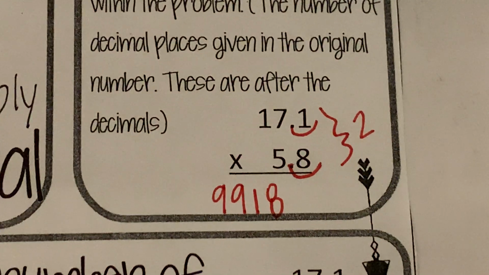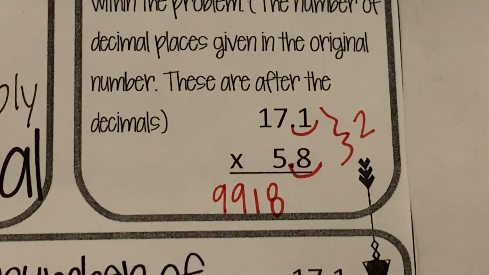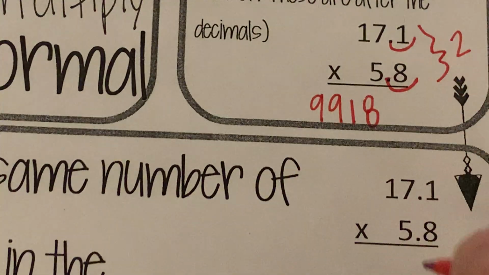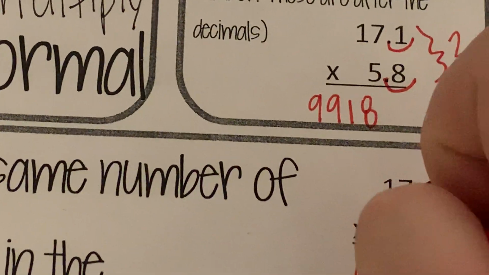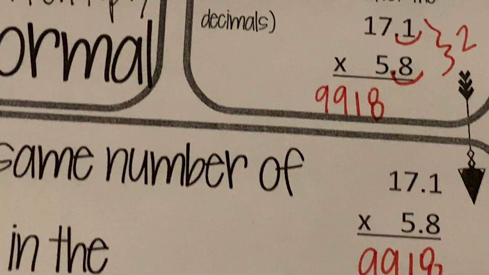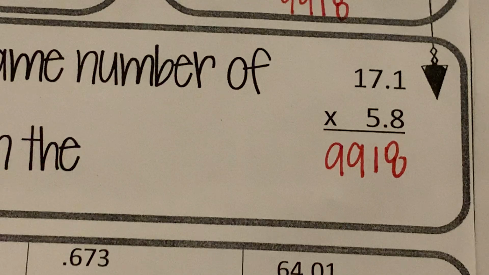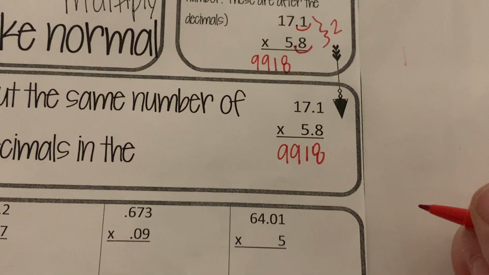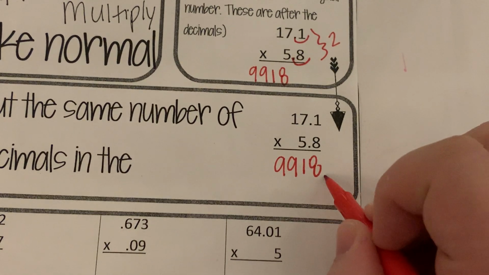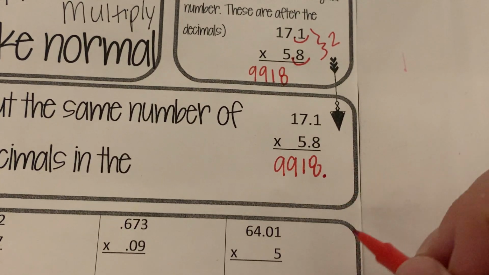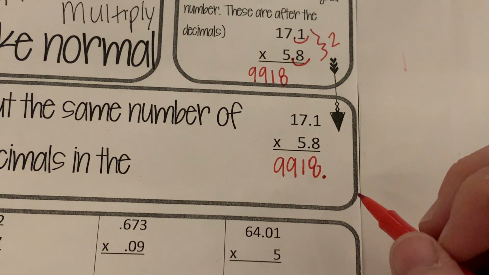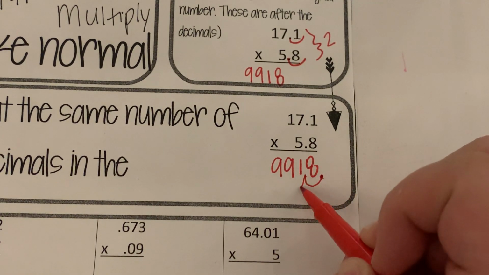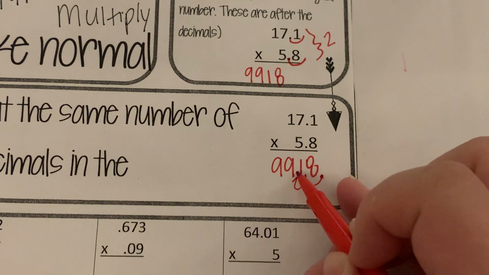In our answer, we're going to put the same number of decimals. So if we had 9918 here, we're going to put the same number of decimals in our answer. We're going to start at the very back of the number, right here behind the 8, and count backwards. 1 space, 2 spaces, and then we put our decimal.